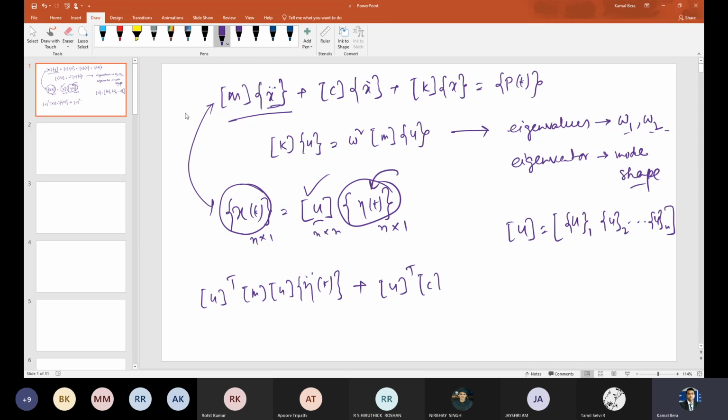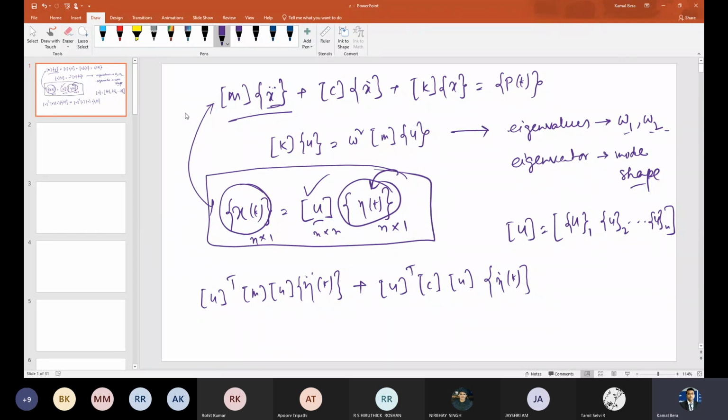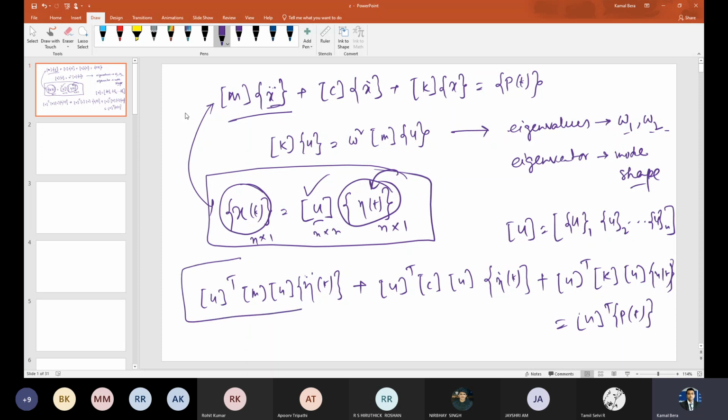Substituting the assumed solution and pre-multiplying by u transpose gives the right-hand side eta(t) equals u transpose p(t). Now we have defined the modal mass matrix, modal damping matrix, and the modal stiffness matrix.